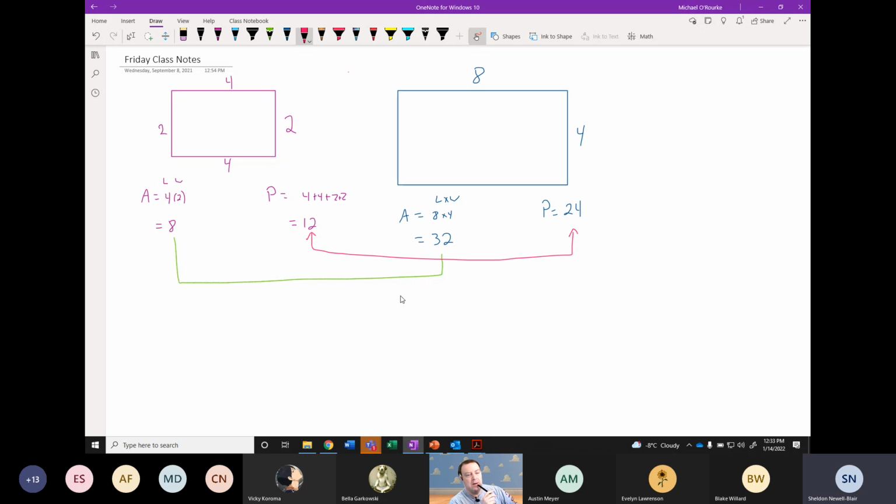And is there some kind of pattern? This is just in looking at it. Do you think there's a pattern between the perimeter of those two? The perimeter is doubled. So we're going to predict right now.